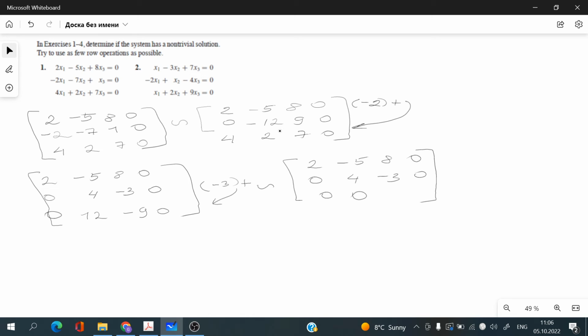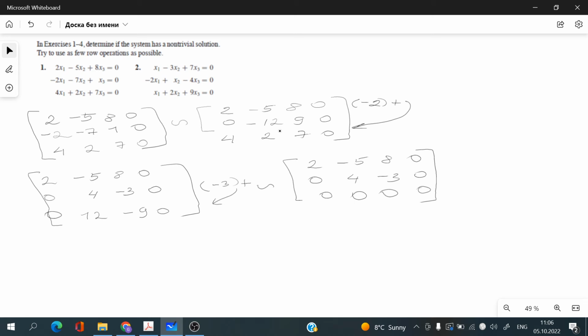Minus 9, minus 3 times minus 3 is going to be plus 9, plus minus 9 is going to be 0, and here is going to be 0. So even from here, you can say that you have a free variable, correct? But let's reduce it further, okay?